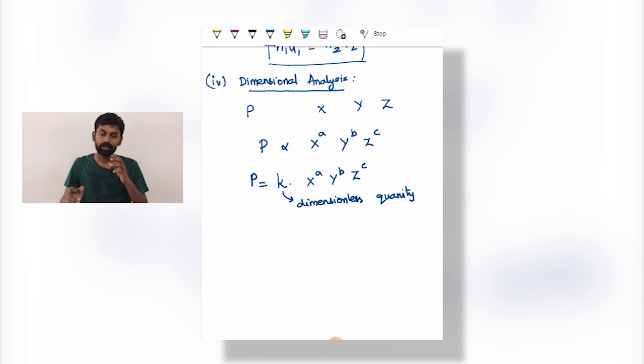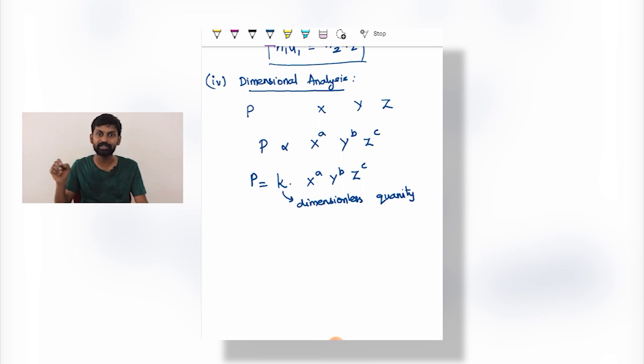Now the units of P or the dimensions of P are in terms of M, L and T. Dimensions of X, Y, Z are also in terms of the same M, L and T. So in LHS and RHS, if I equate the powers of L, then I get one equation in terms of A, B, C. If I equate the powers of M in LHS and RHS, I get a second equation.